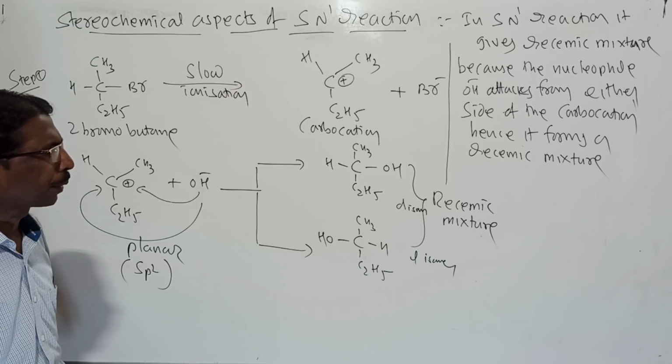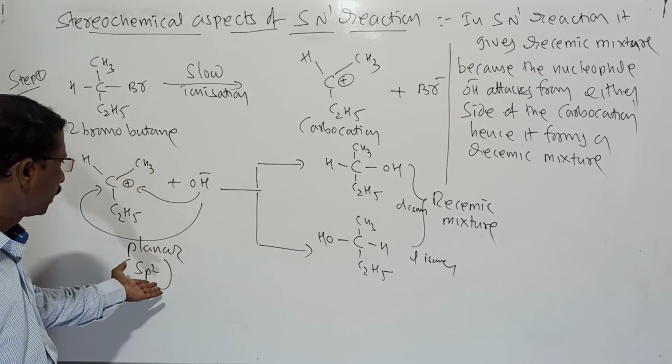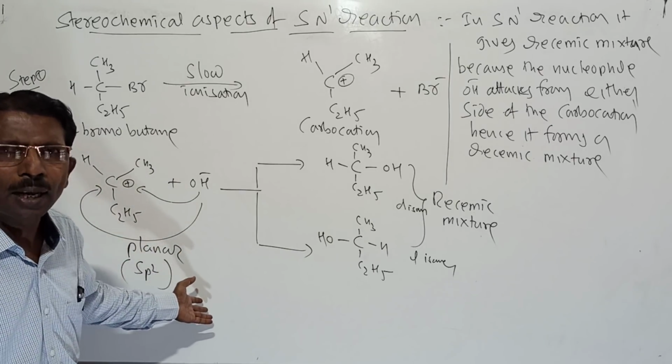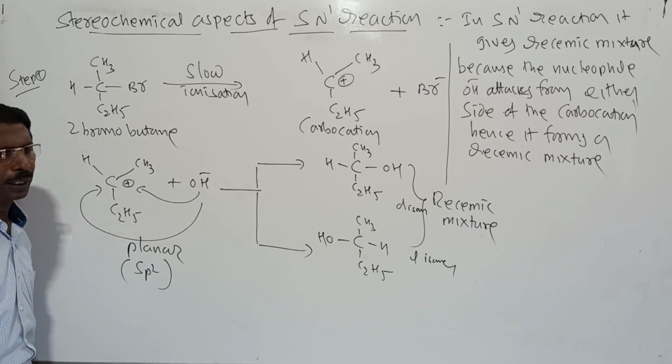Hence it forms a racemic mixture. Why does it attack from either side? Because it is planar. So that is about the SN1 reaction.